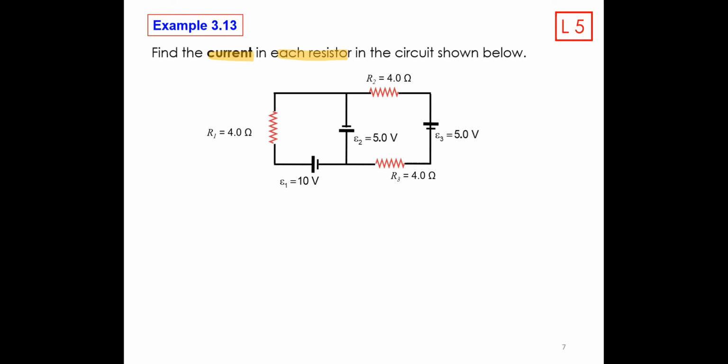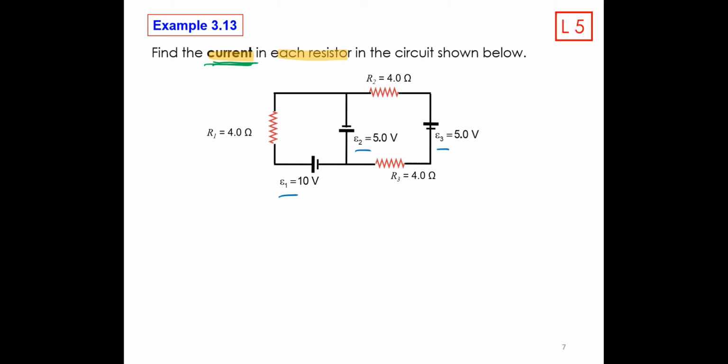To solve this problem, to find the current, you need to use the Kirchhoff rules. Why do we need the Kirchhoff rules? Because you have three different EMFs in different wires: EMF 1, EMF 2 and EMF 3.